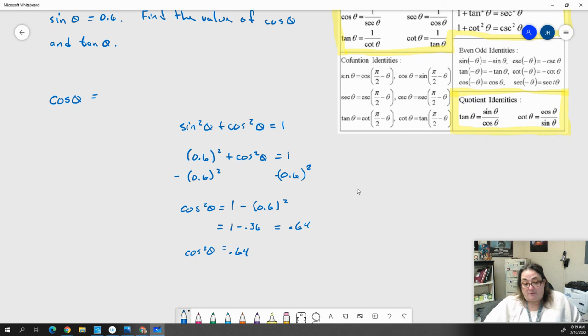Close, but no on the divide. So if I have x squared equals 64, maybe it'll help to see it instead of just having me say it. How would I find the value of x?